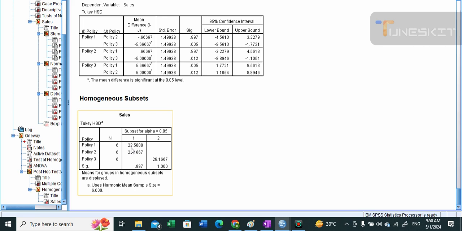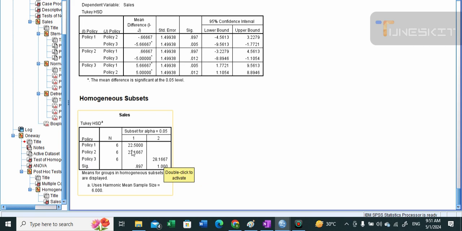And if we look at the mean values, policy 1 has a mean sales of 22.5, whereas policy 2 has a mean sales of 23.167. So not a significant difference as visible over here if we compare the two values together. But policy 3 has a higher mean sales, that's why the Tukey multiple comparison has segregated that.